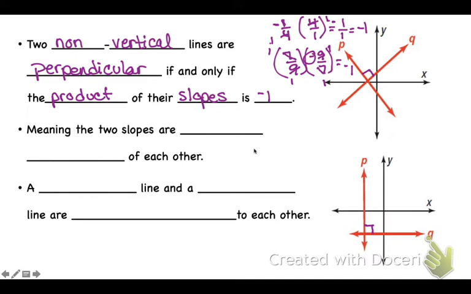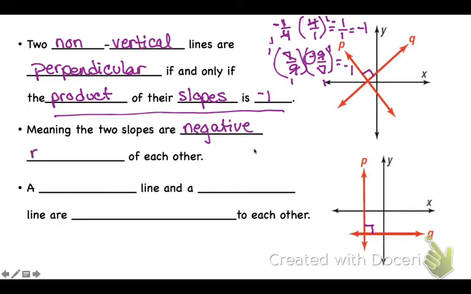So in other words, the meaning of the product of the slopes is -1 is that the two slopes are negative reciprocals of each other. So that means one positive, one what? Negative, or one positive, one negative.